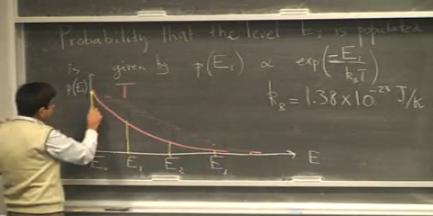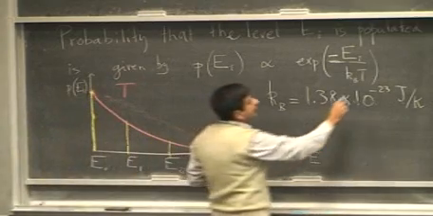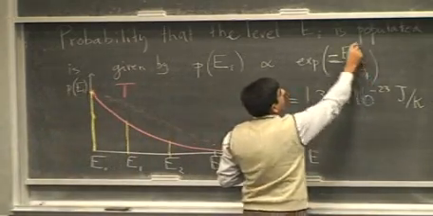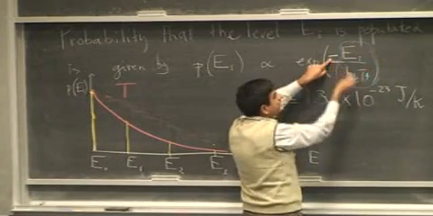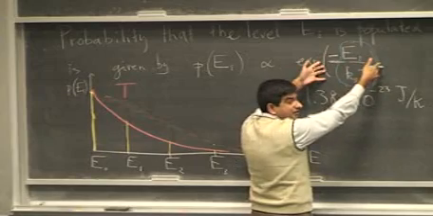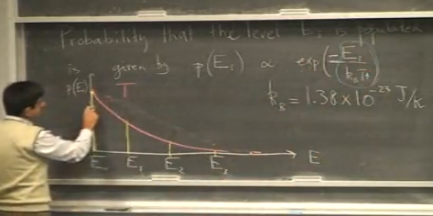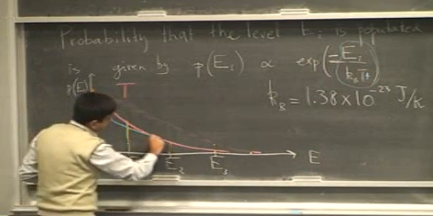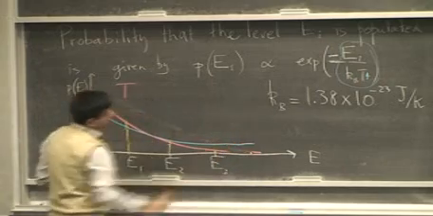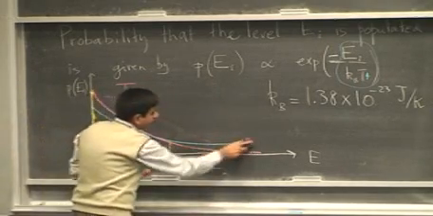So this curve starts from a lower value because now T is higher. If T is higher, this factor is smaller, and since it's a negative, this factor as a whole is larger. So the curve would go something like this. It's still exponential, it's not going to rise, of course.